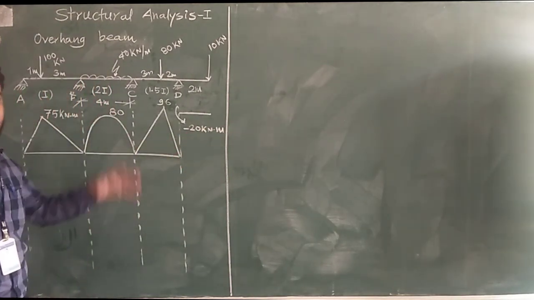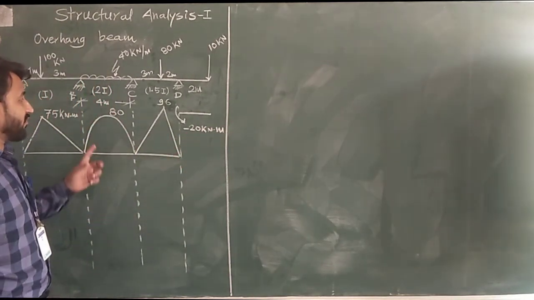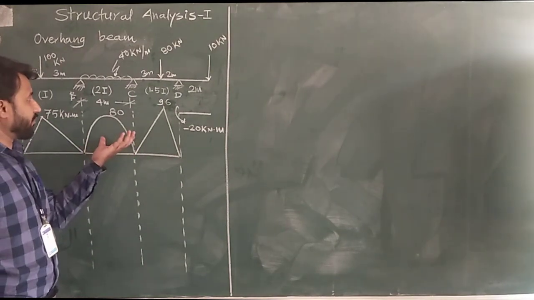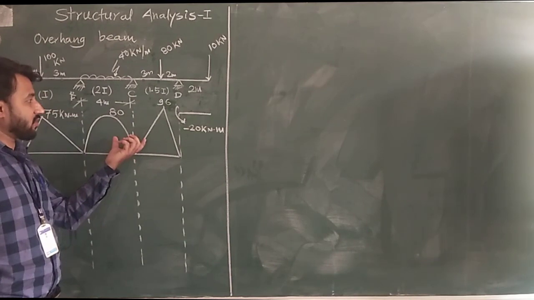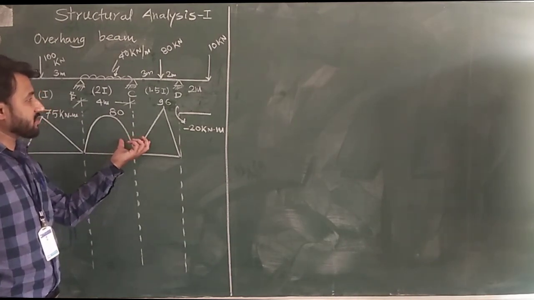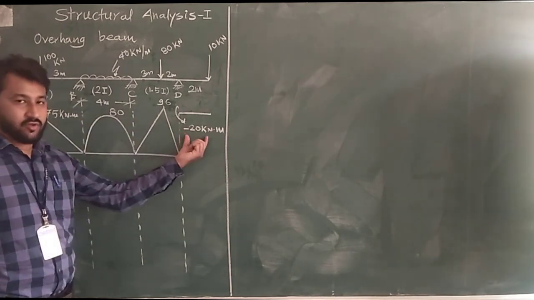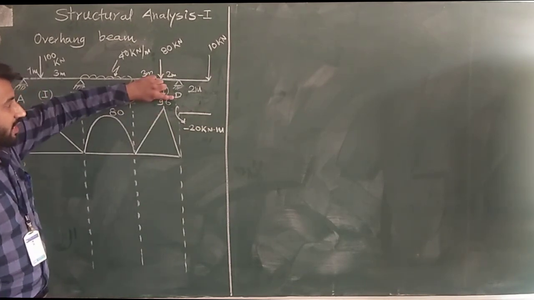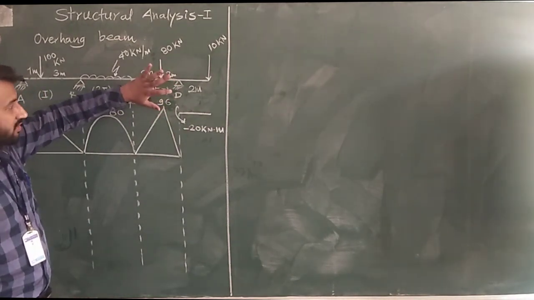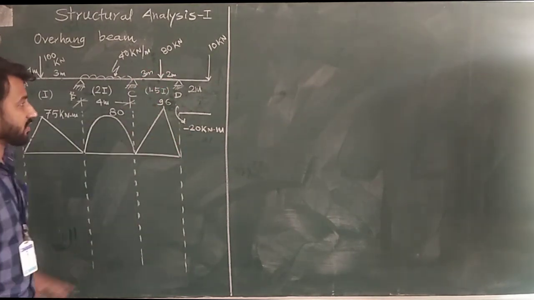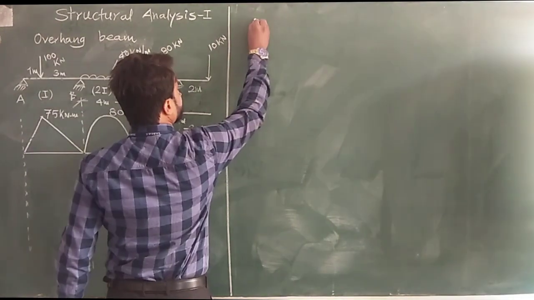While applying the three moment theorem, when we consider the BC and CD spans and apply the three moment theorem on these two spans, we have to consider minus 20 kN-m at MD. So we are not keeping this moment as unknown. This moment is known to us, so directly we will apply the three moment theorem.